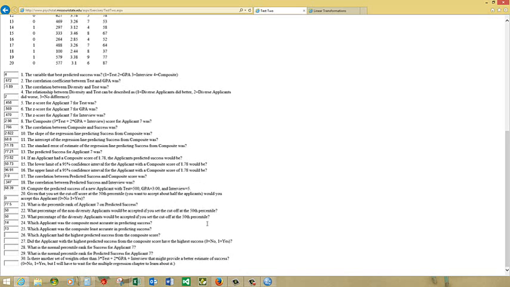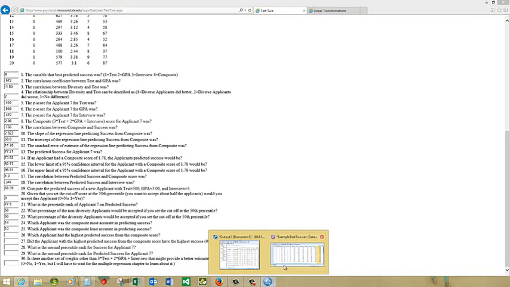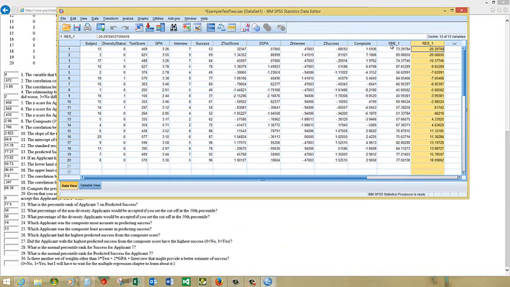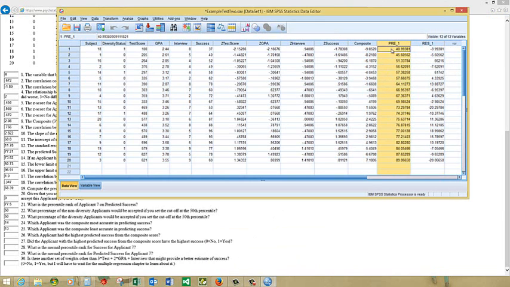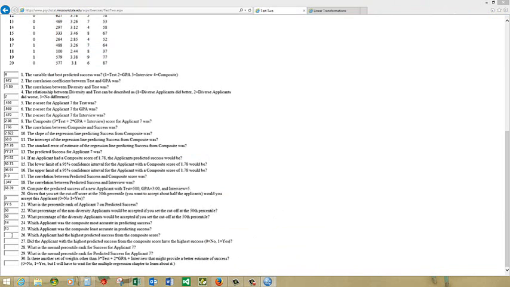Which applicant had the highest predicted success? Going back here, we'll just sort these again. It looks like applicant number 3. Did the applicant with the highest predicted success have the highest success?